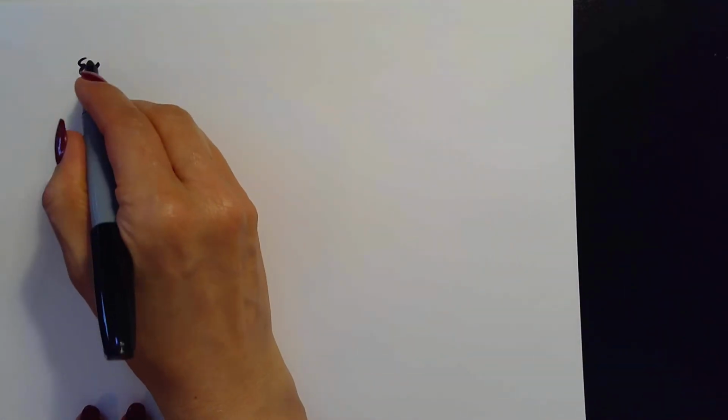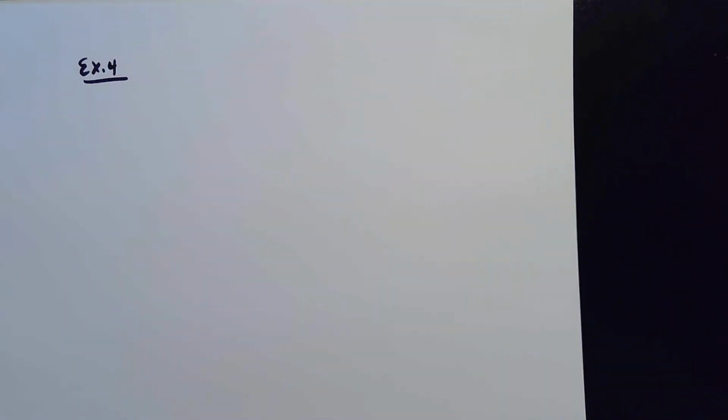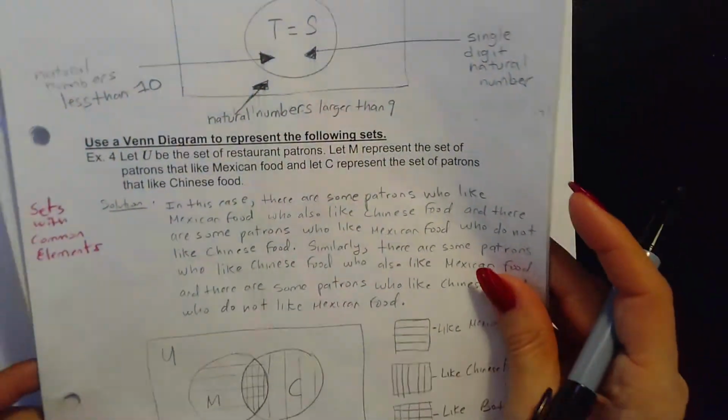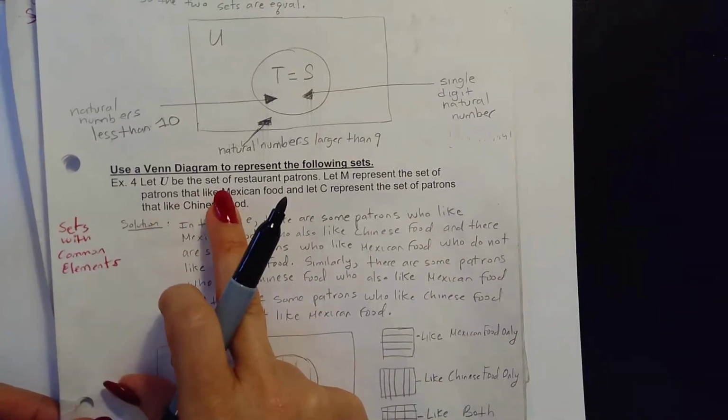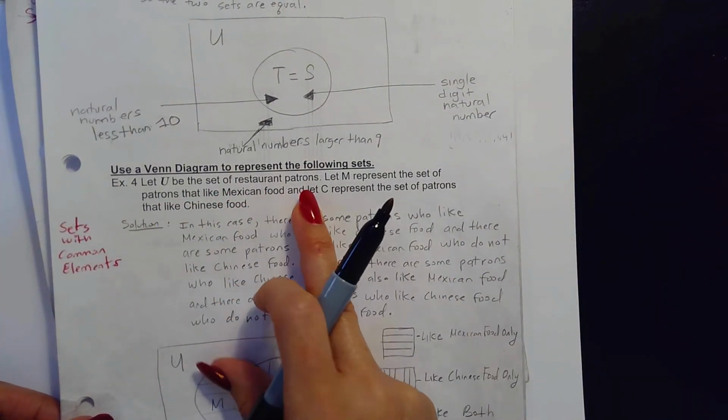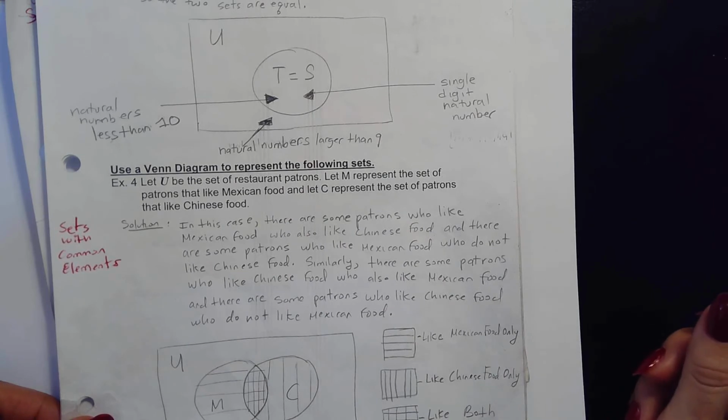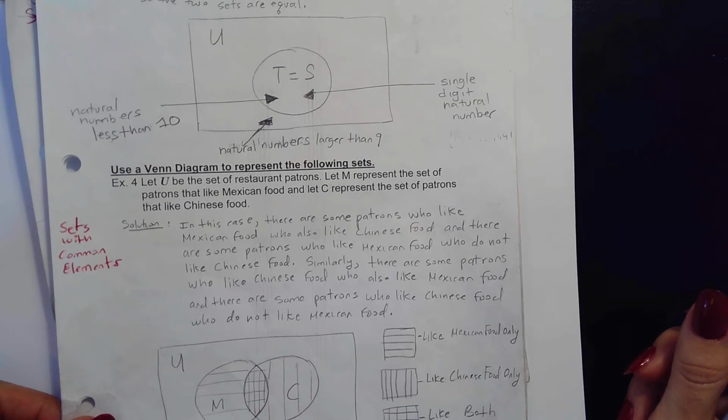And so let us now go to number 4. It says, let U be the set of restaurant patrons. Okay, customers that go to restaurants. Let M represent the set of patrons that like Mexican food. Let C represent the set of patrons that like Chinese food.